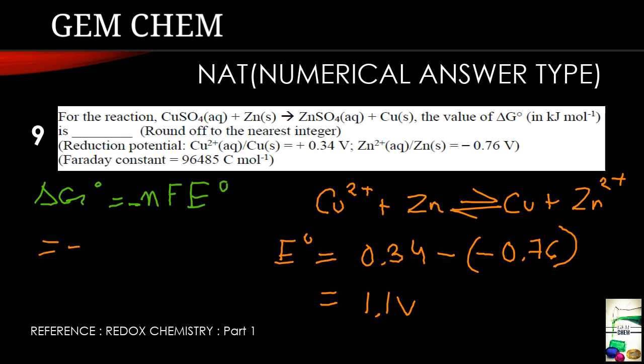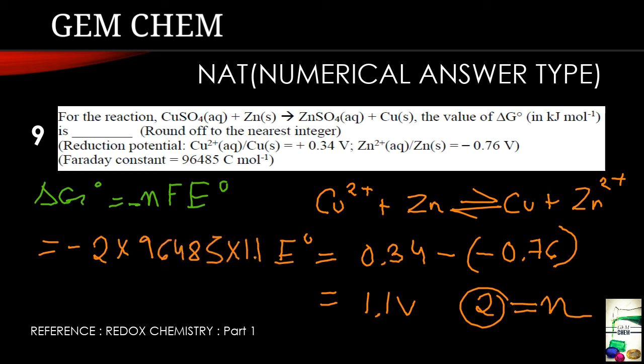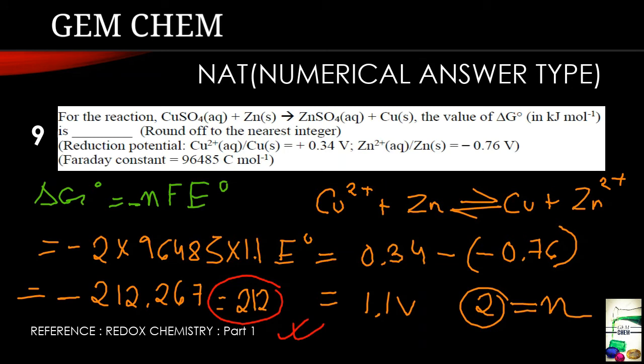So here electron transfer is 2 electrons, so value of n is 2. So here 2 into 96485 into 1.1, and the answer comes to be as minus 212.267. But here it is told that round off to nearest integer, so we write 212, and this one is our answer, right.